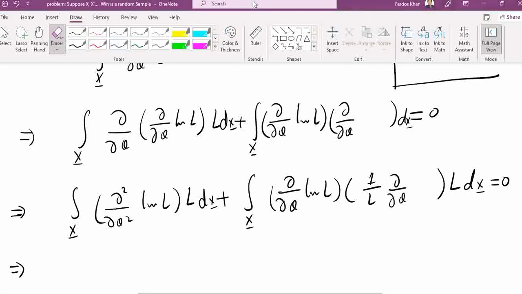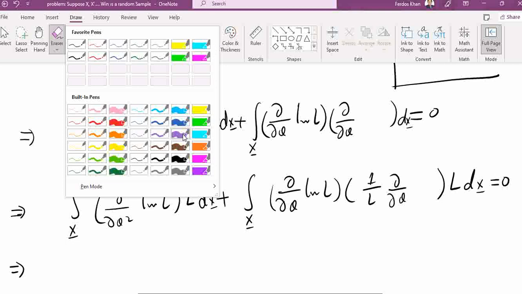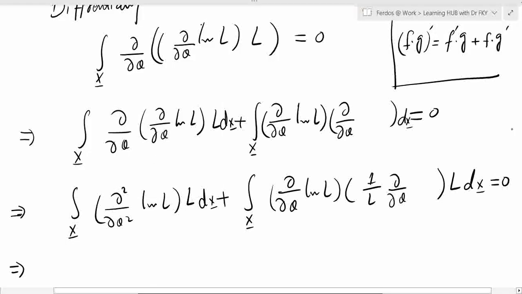This is a correction you need to make. This is L because we are taking the derivative of this, and this is L.